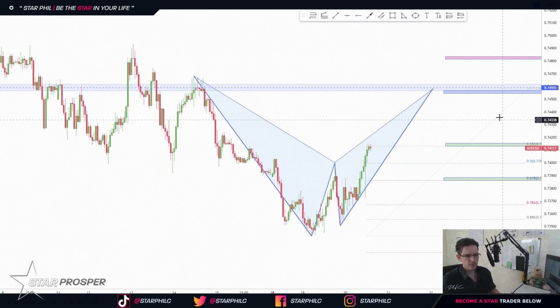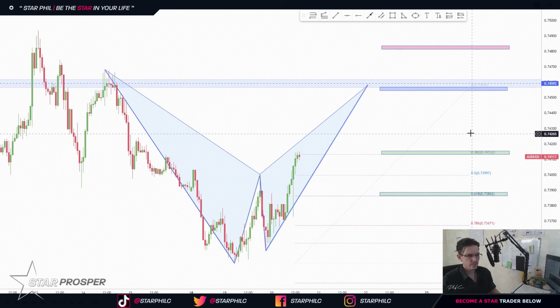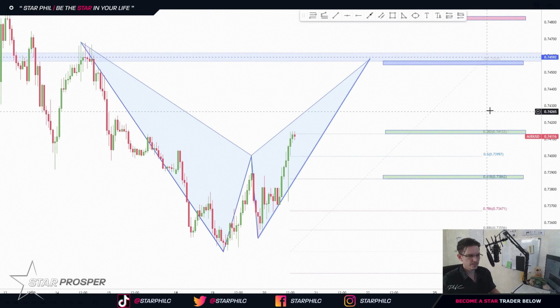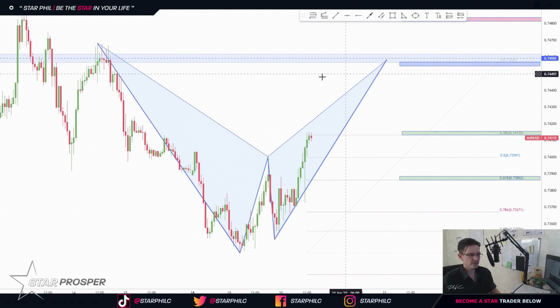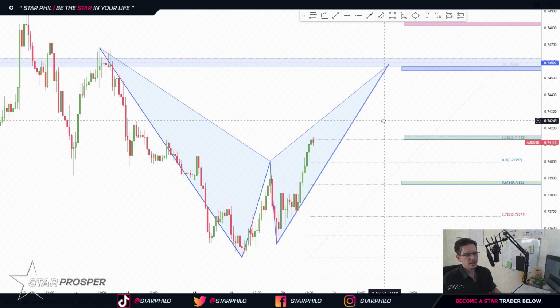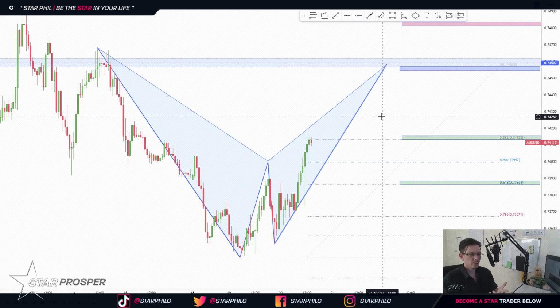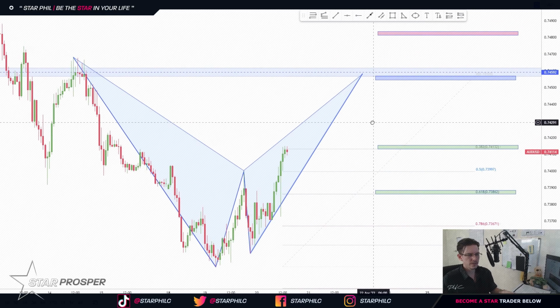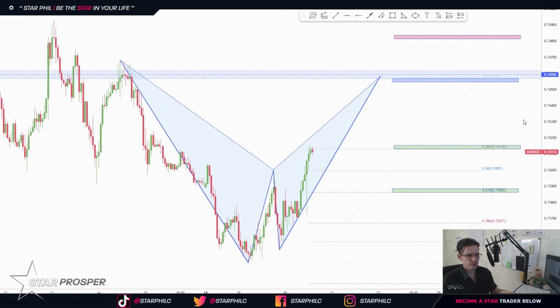So jump down to the 1 hour time frame. We've identified structure. We've identified what price action is doing. We jump down to a lower time frame, and then we can use structure, price action, Fibonaccis, and we can draw up a pattern here, potential pattern opportunity.